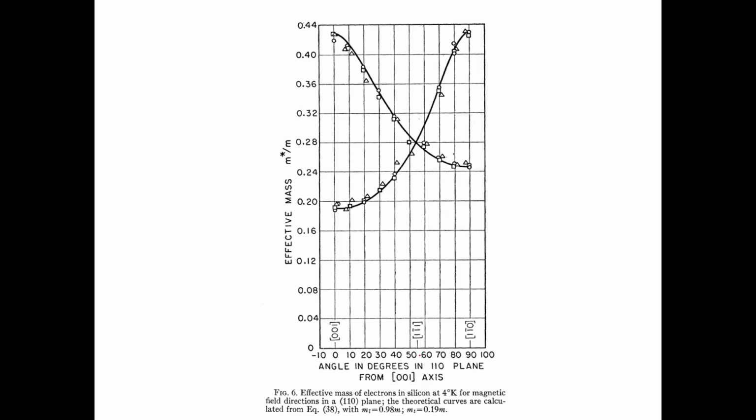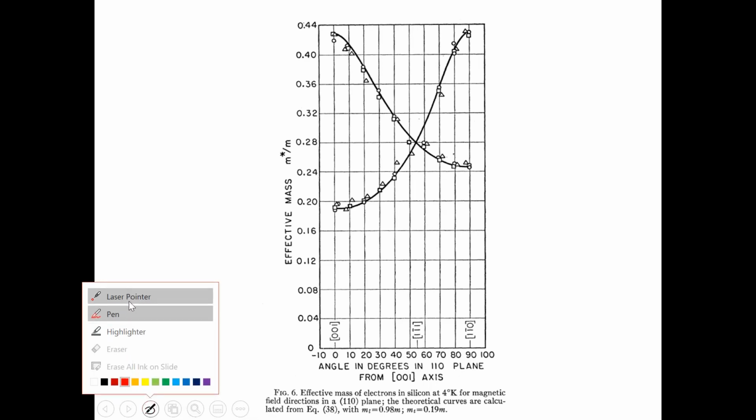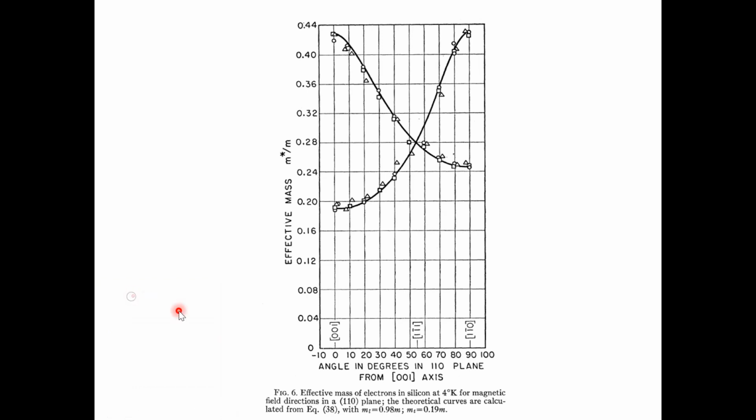The longitudinal mass was measured in this paper, and this is still today a very well accepted and accurate value, roughly 0.98 of the electron mass, and the transverse mass is smaller, it's 0.19 of the electron mass. Okay, so this is transverse, this is longitudinal.